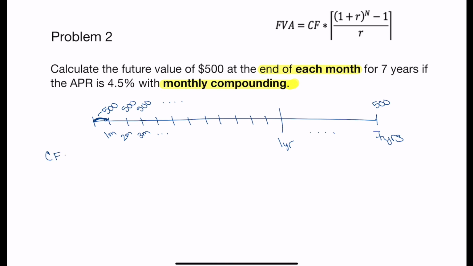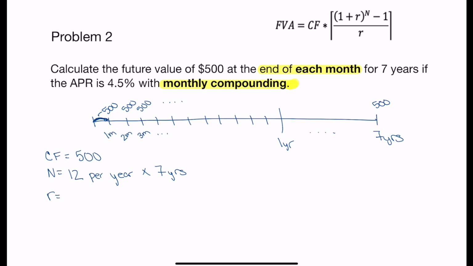Let's again do the inputs in the same order. So our cash flow is $500 per month. Our N is our number of cash flows, so we have 12 cash flows per year times 7 years.